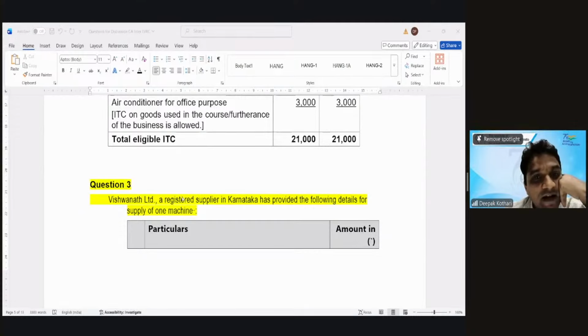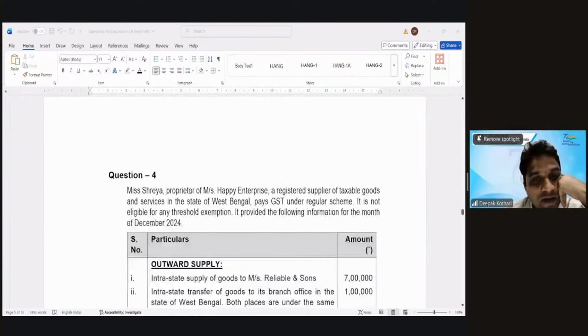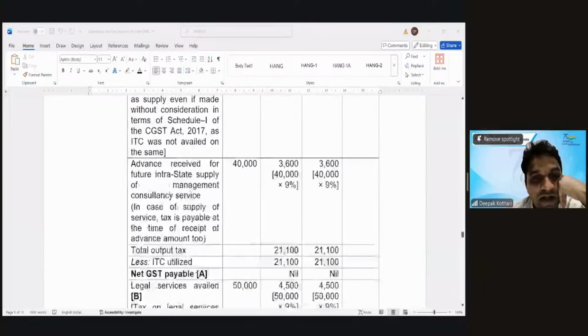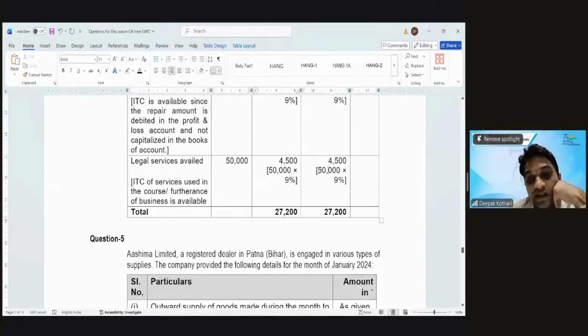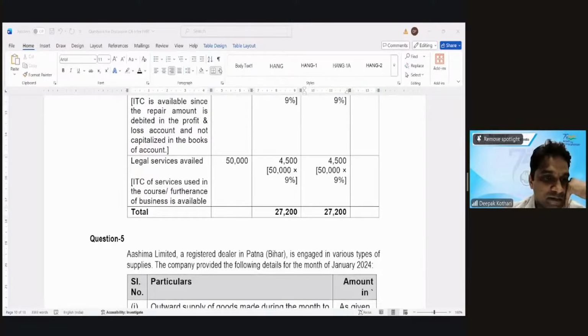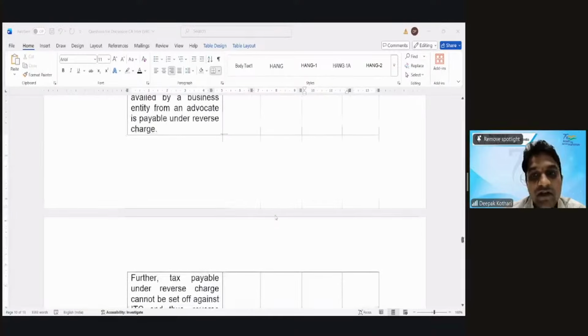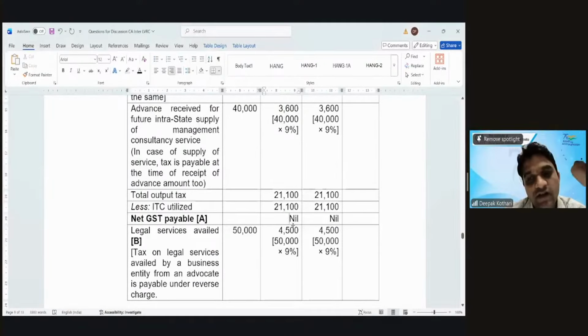RCM में ITC available है ना, इसीलिए legal services पे जो हमने pay किया है उसका हमने credit claim किया। लेकिन RCM जो pay करना होता है उसके लिए आप ITC utilize नहीं कर सकते हैं। सिर्फ GST liabilities remain, then we add with that. Yes, if in this case it is nil, so if say there is some 5,000, so we add 5,000 plus 4,500.